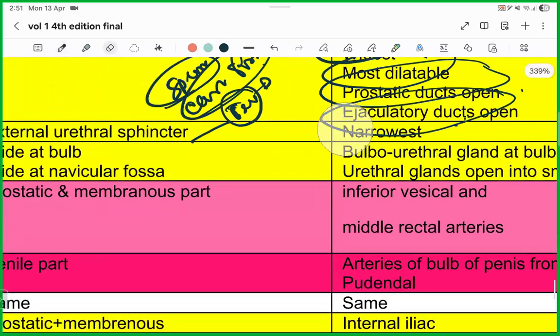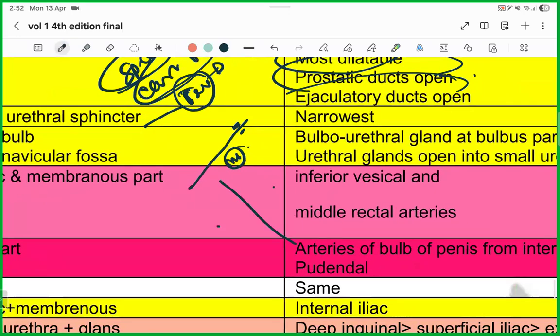That means they will ask you that you are catheterizing a patient and you feel a resistance, but after some time the resistance is gone. So when you are feeling the resistance, you are at the membranous urethra. Just like when you are doing a lumbar puncture, you feel a resistance, it is the ligamentum flavum. Simple.